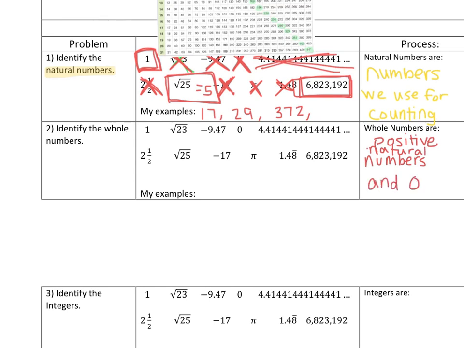So it's really what we already did. It's like that cookie. We already did the cookie. Now we're going to do the milk. The only thing we're adding on is 0. So we're going to keep these exact same numbers we've already boxed. Those 3 are already it because this includes these. So a whole number would be 1. Square root of 25, because that's really just 5, remember.